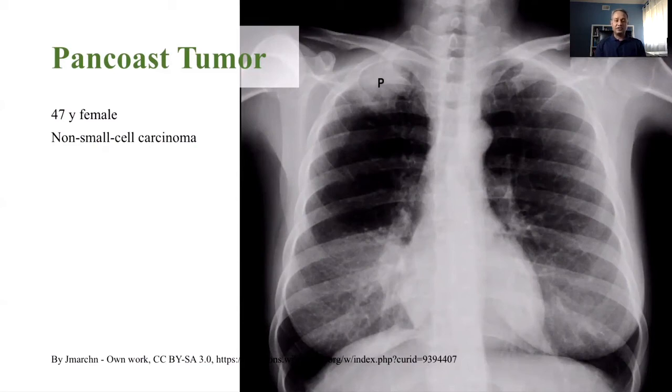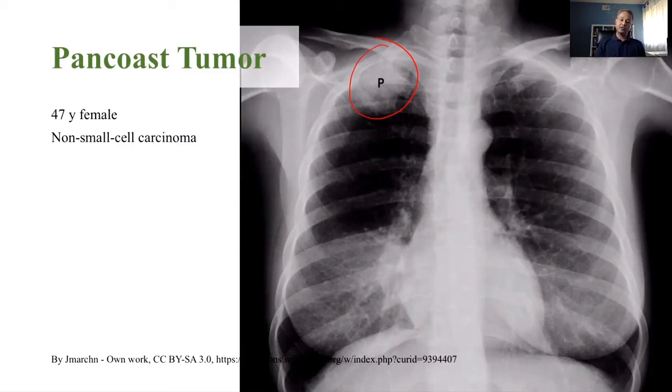Now, complications. As we talked about Lambert-Eaton syndrome before, some more complications here. This is a chest x-ray of a 47-year-old female who has a Pancoast tumor. Look at this here, it is labeled with P. So she has a tumor at the apex of the lung. And of course, over here, it can impinge upon the veins, the brachiocephalic vein.